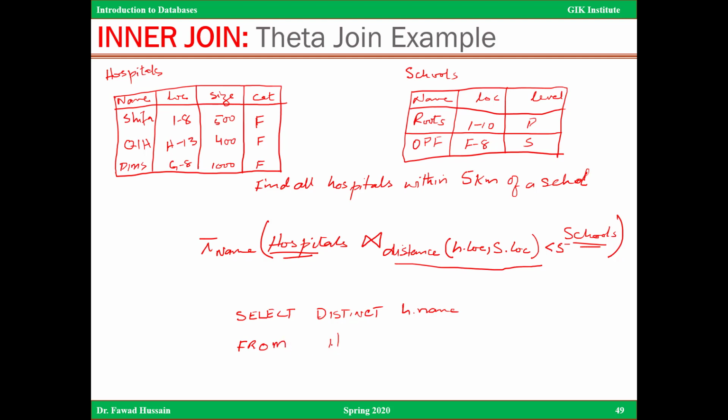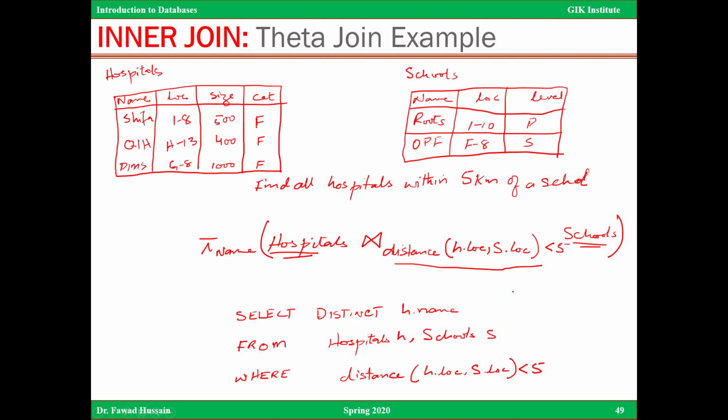From hospitals H and schools S, and then in the where condition we'll have where distance, so H dot location and S dot location, this is less than 5.